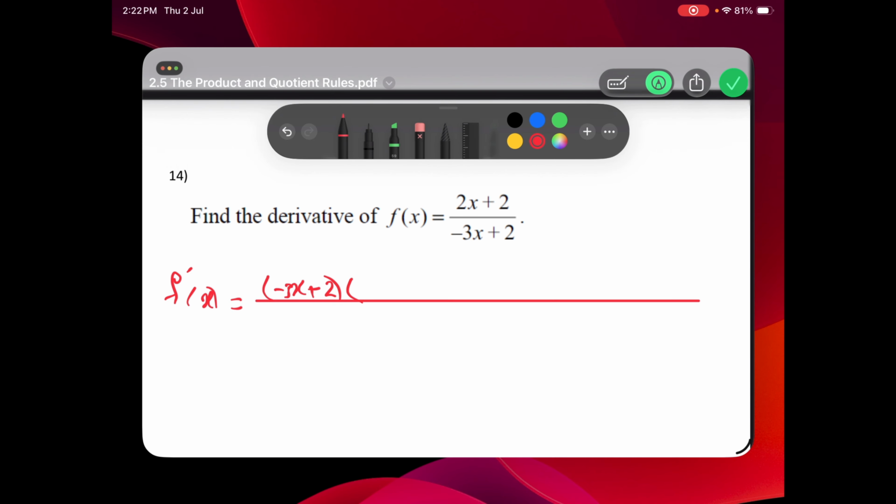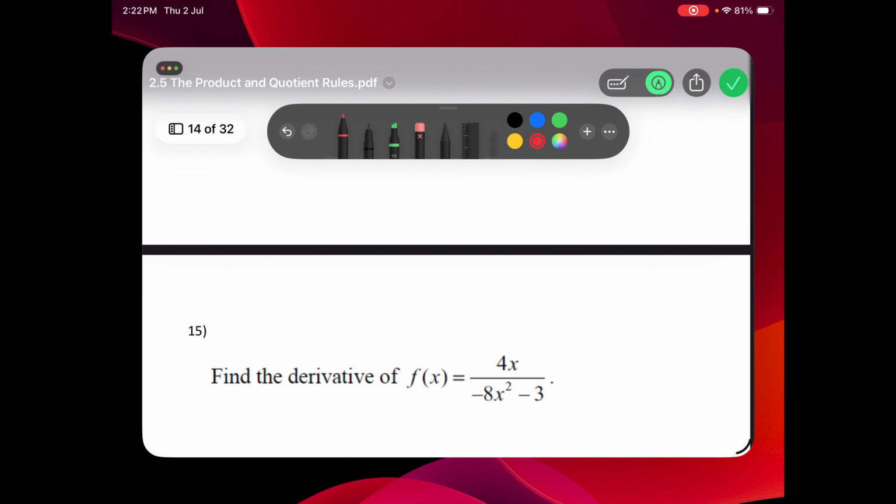Then I will differentiate the top, which is 2, minus, now keep the top as it is, 2x plus 2, differentiate the bottom, minus 3, then divided by the same denominator, or the bottom squared, minus 3x plus 2. So this is how the quotient rule works.